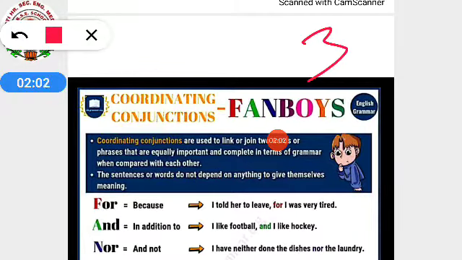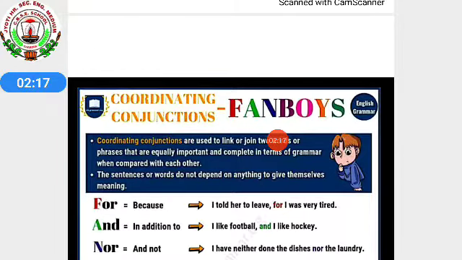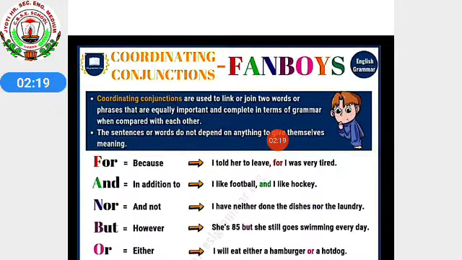What is coordinating conjunction? Coordinating conjunctions are used to link or join two or more phrases that are equally important and complete in terms of grammar when compared with each other. So what are coordinating conjunctions? They are used to link or to join two words or phrases. Okay.